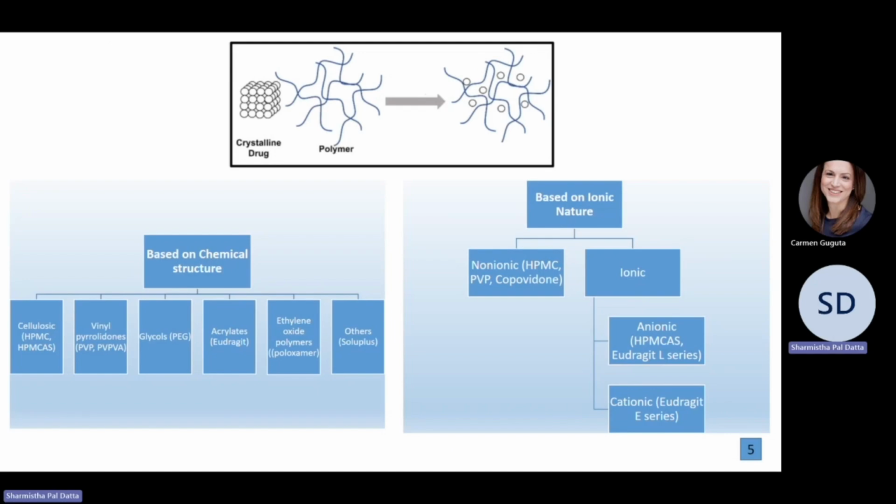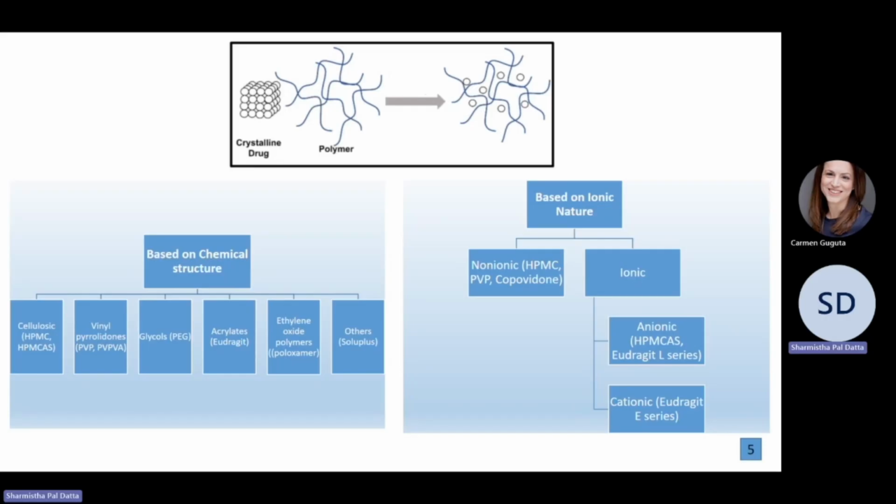The advantage is that the API molecules are far apart, and at the same time, the polymers create a barrier for the API molecules to come together during shelf life, hence retaining this homogeneous dispersed structure for a longer duration. We will come to how it helps in improving solubility and bioavailability in a little bit.